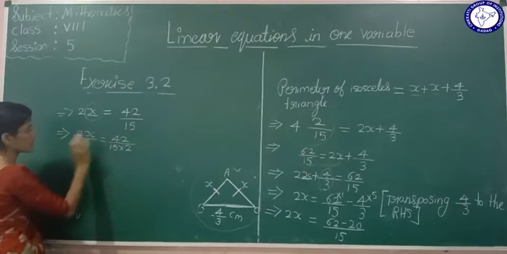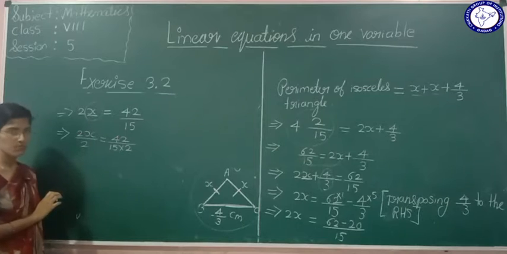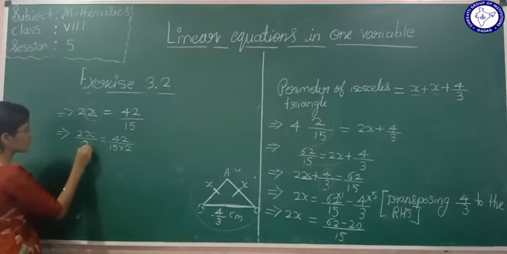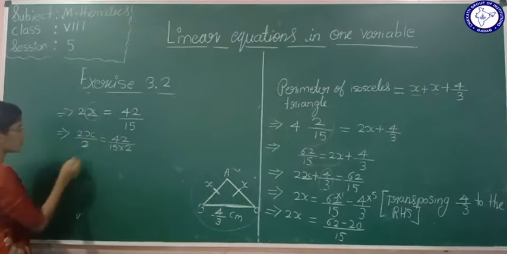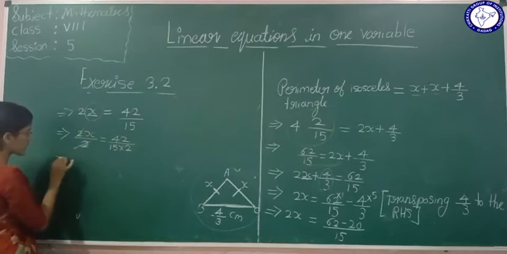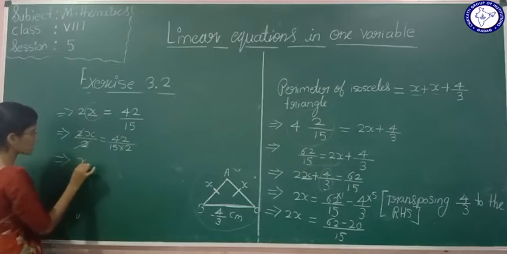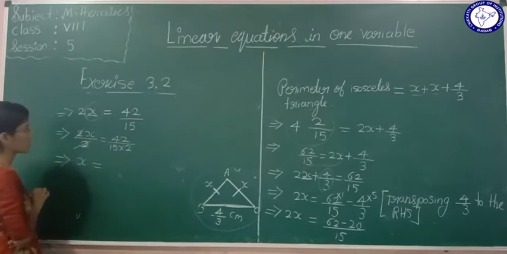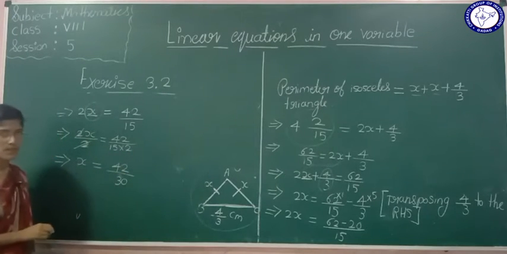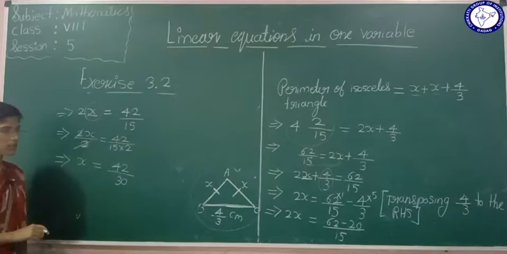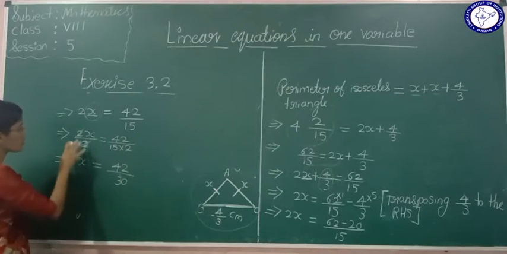Dividing both sides by 2, here 2 will get cancelled. This implies x is equal to 42 by, 15 2s are 30. What we have done here?